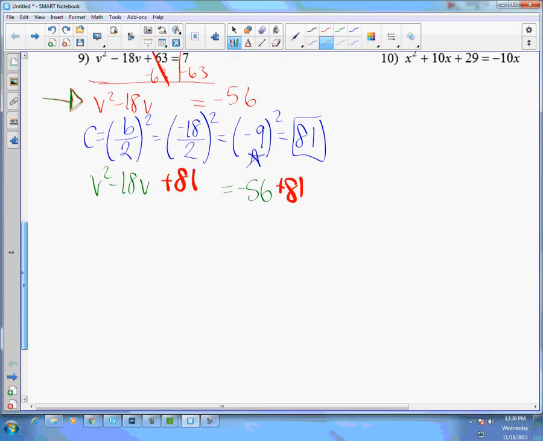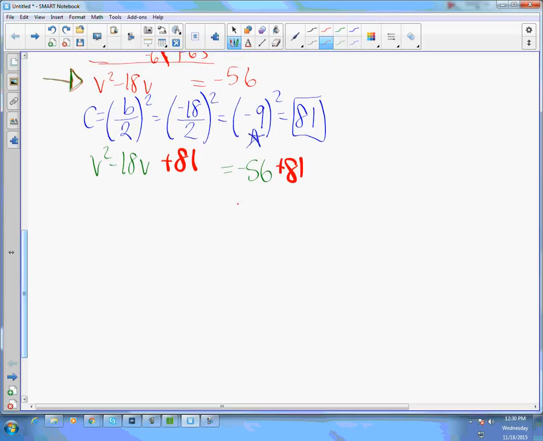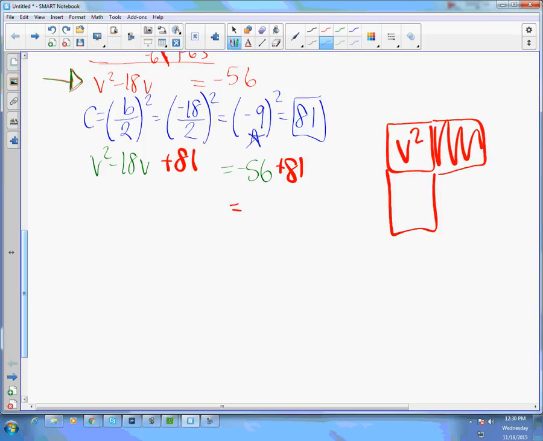On the left-hand side, the next step is to write your perfect square binomial. So remember we have b squared, and then we have 4x here. Originally, there were negative 18 of them. So how many of them are here? Out of the negative 18, there were 9. How many are here?